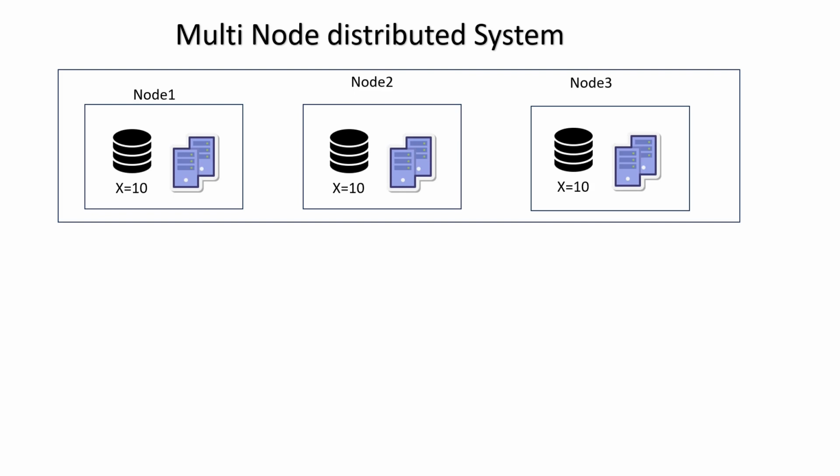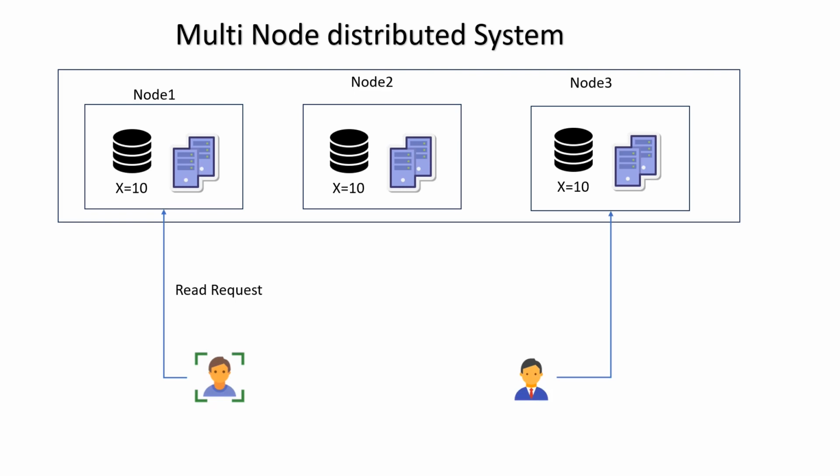Users send their read requests and get their data back properly, because all nodes have the correct data. But suppose an update happens at node 1, and now the value of x becomes 20.